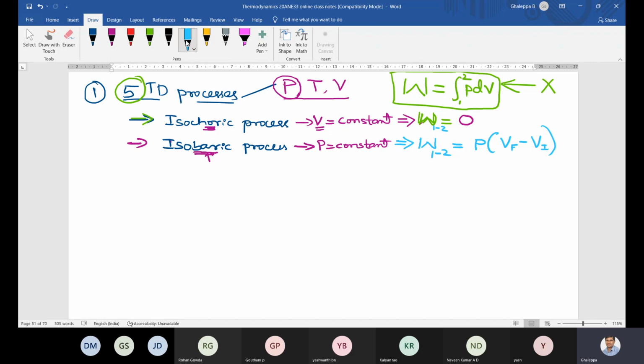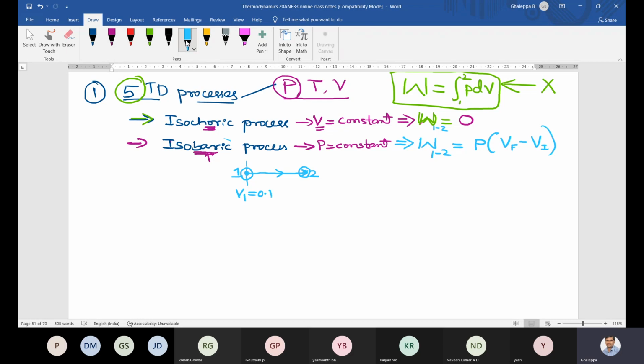I have not taken initial pressure or final pressure because the pressure is constant during the entire process. I will give an example. Let us assume that the process is going from point number 1 to point number 2. This is initial and this is the final point. The volume at the initial point will be given in the numerical, 100% he will give the volume.